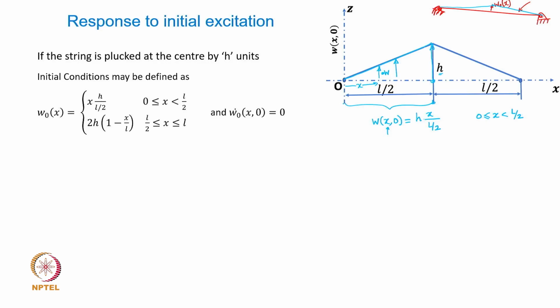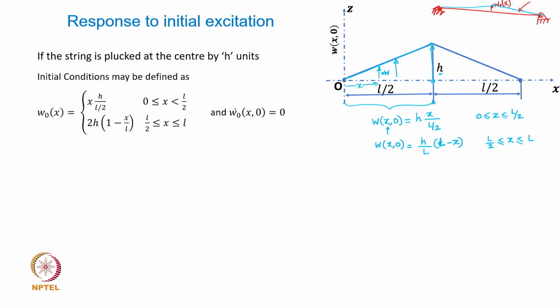Whereas in the remaining part, you can show that the same displacement is going to be h over L by 2 times L minus x, that is 2h by L times L minus x, between L by 2 and L. You can treat them to be like that.